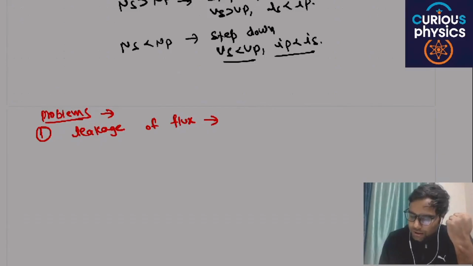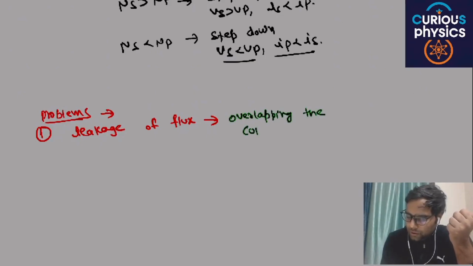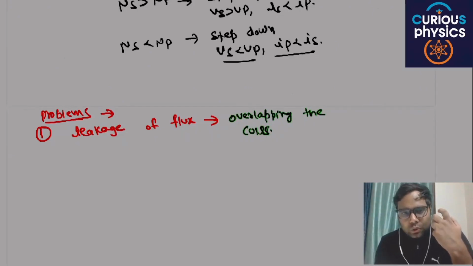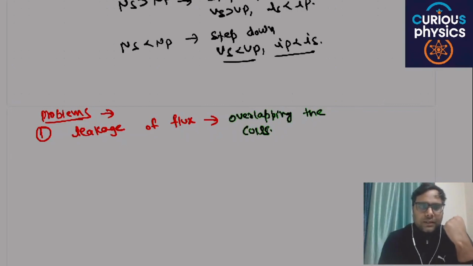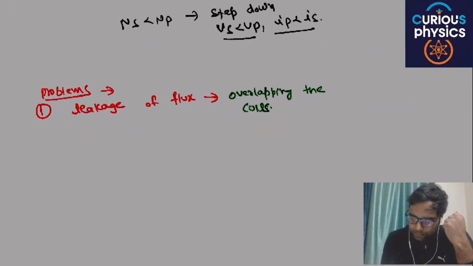This particular issue can be resolved by overlapping the coils, meaning to reduce the area through which the flux can leak. Okay. Overlap the coils.